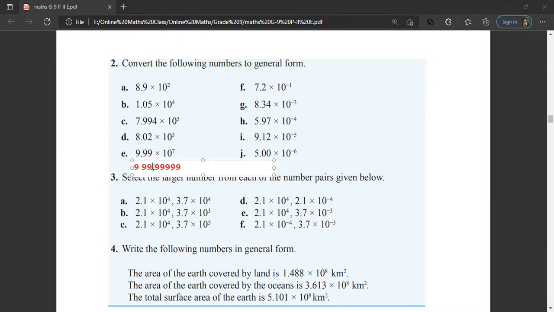What will happen? 1, 2, 3, 4, 5, 6, 7. Right? So 7, that means 5 extra zeros you should add. So what is the number? What can be the number here?